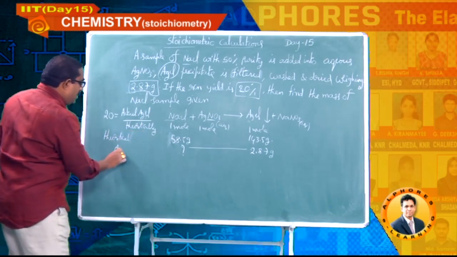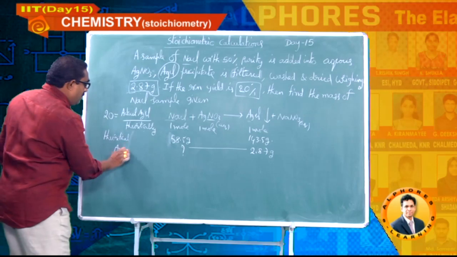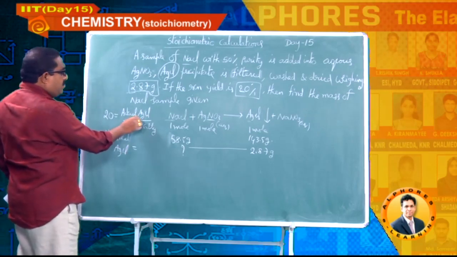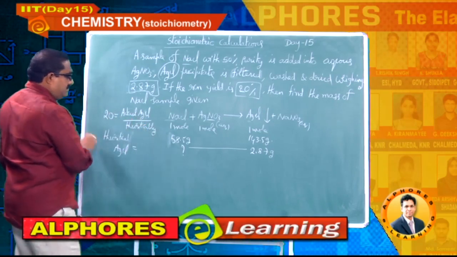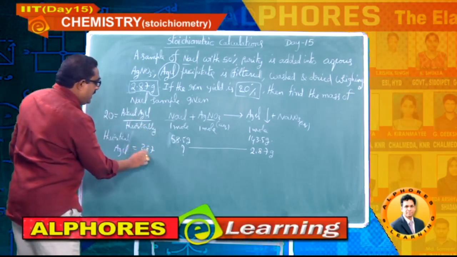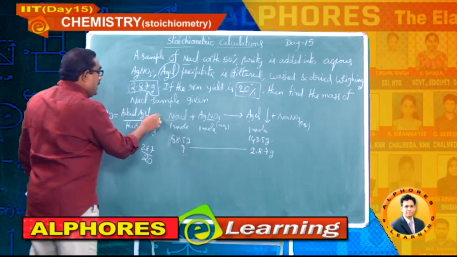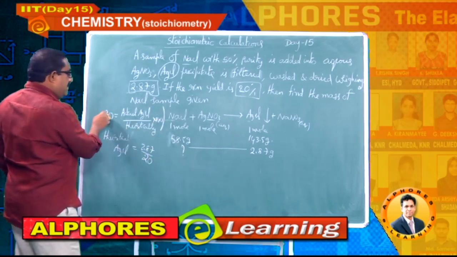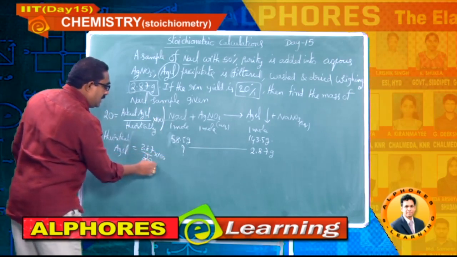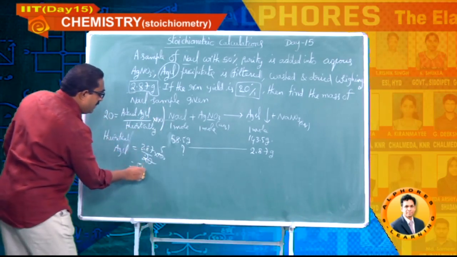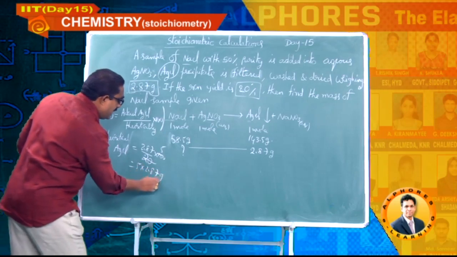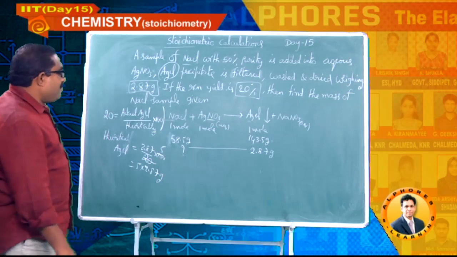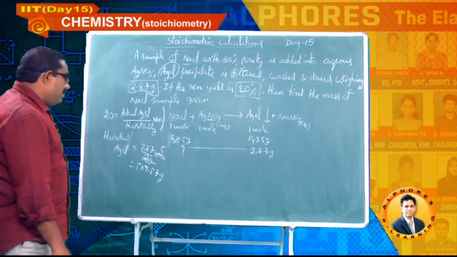Theoretical silver chloride mass is equal to, how much has he given? 2.87. So 2.87 by 20. Here 100 should be there. Theoretically means into 100, that is 5. So finally 5 into 2.87 grams.